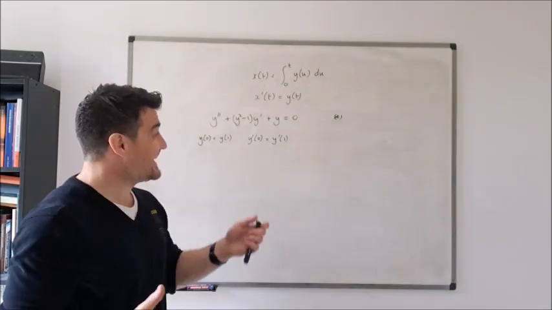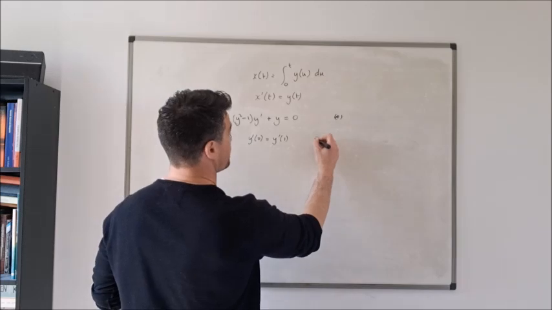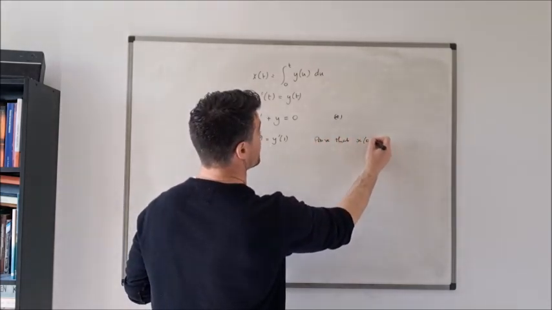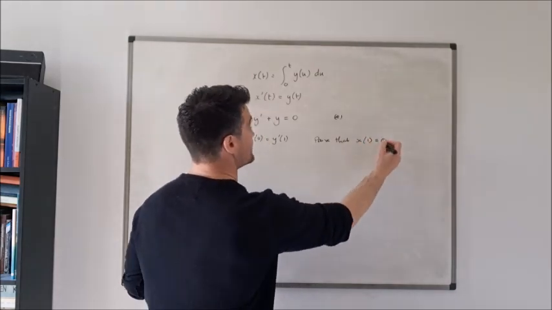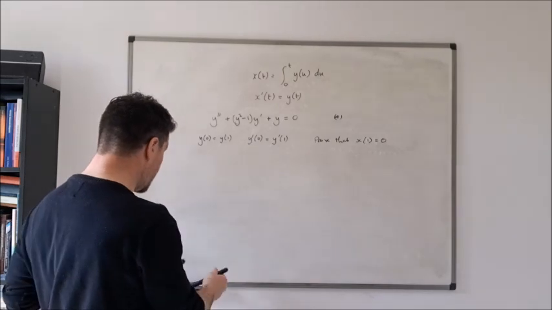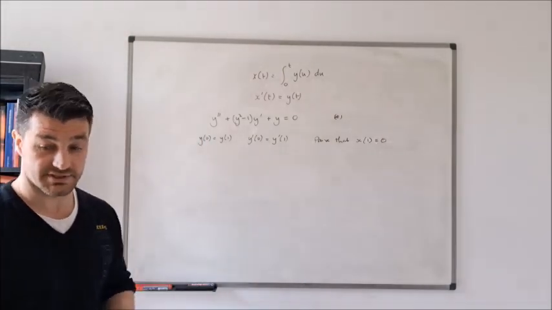And then it says by integrating star, prove that x of 1 is equal to 0. Okay, a fairly innocuous looking problem, I guess. Prove that x of 1 is equal to 0.